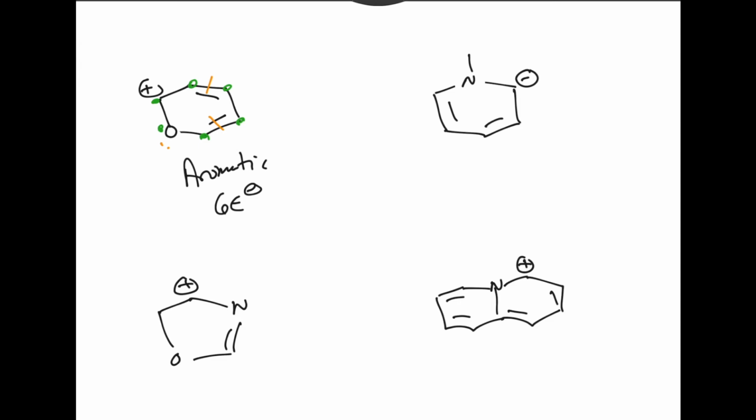Top right. This next one's anti-aromatic, right? So everything has a p orbital, the nitrogen, these parts of the double bond, and then the anion. We have 2, 4, 6, and then the lone pair on nitrogen makes 8. This is anti-aromatic and 8 electrons.